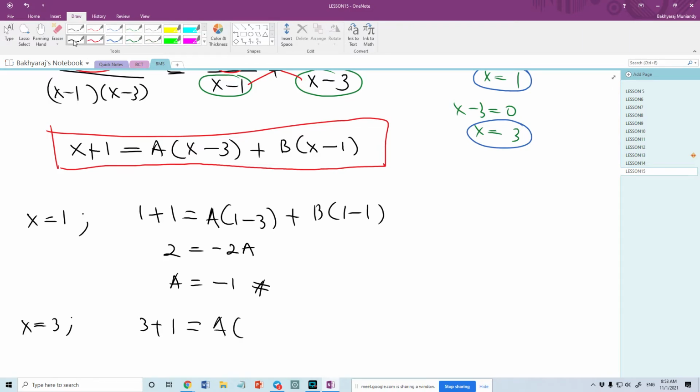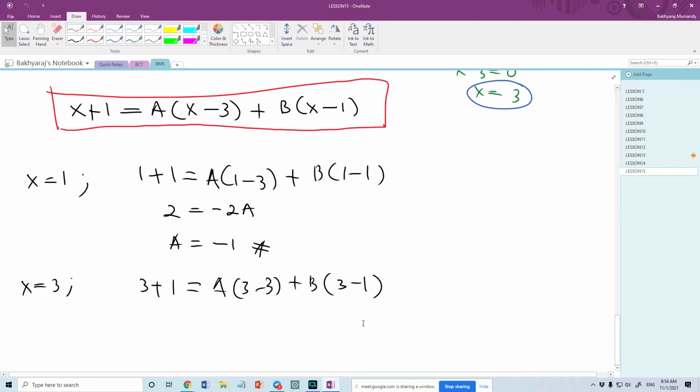Okay, so you get what? You get 3 minus 3 will be leading to 0, and the other side will come my plus B, and 3 minus 1. So 3 minus 1 will give you 2, right?